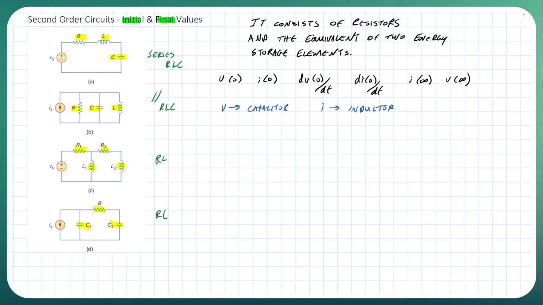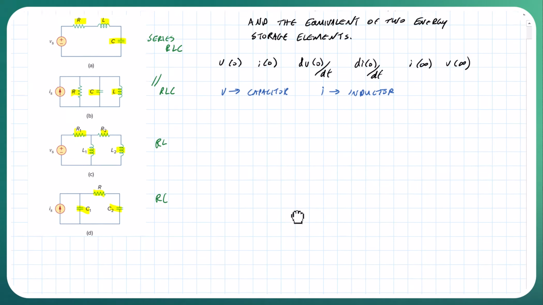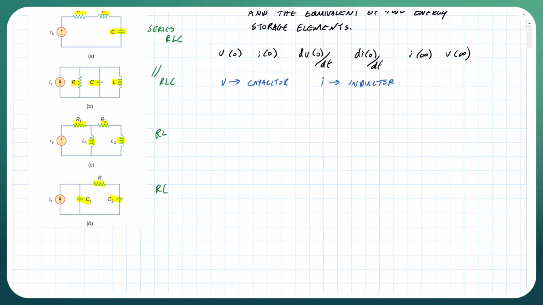Let's go back and do a quick summary. If we're looking at the capacitor, V of 0 plus is going to equal V of 0 minus, and the reason that's the case is because the capacitor voltage is always continuous. Then I of 0 plus is going to equal I of 0 minus, and again, the inductor current is always continuous.